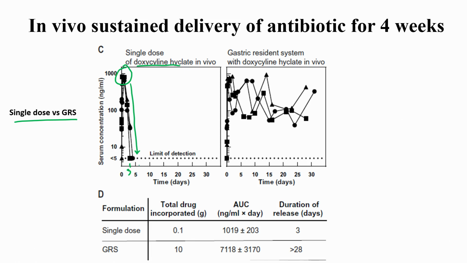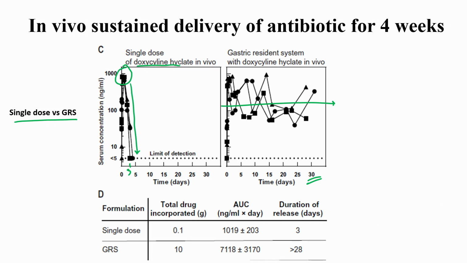So, now you have to take more tablets if you want to maintain this concentration, whereas with the gastric resonance system, it reaches a high concentration and then it hovers in that range. You can get quite a bit of sustained release over a period of, in this case, up to 30 days. And again this is just showing the formulation.